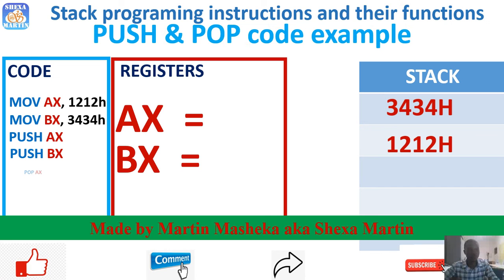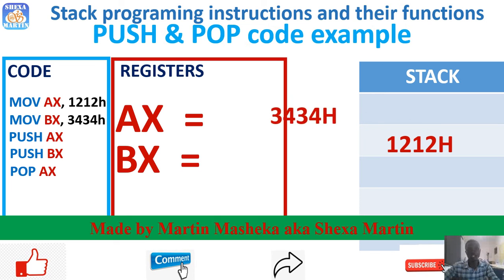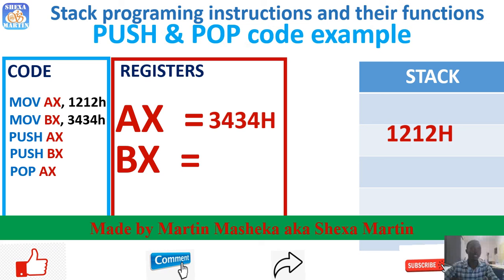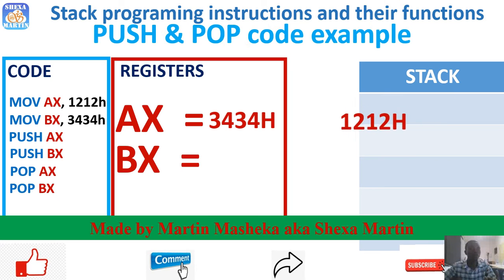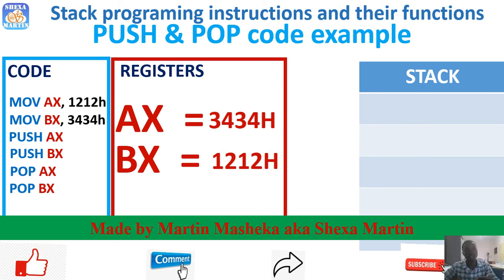We now pop the value at the top of the stack into AX. So it's more like we've taken the value of BX into AX, and then 1212 goes to the top of the stack, and then we pop that value onto the BX register. Then we are done exchanging the values of these two registers using a stack.